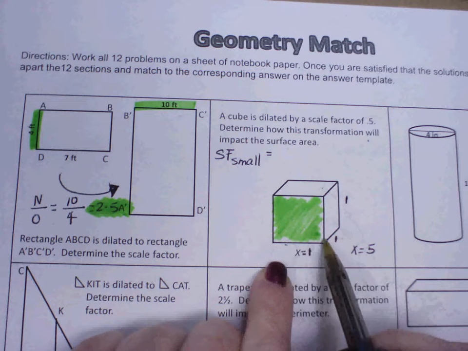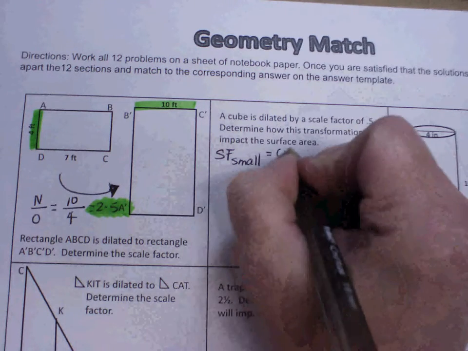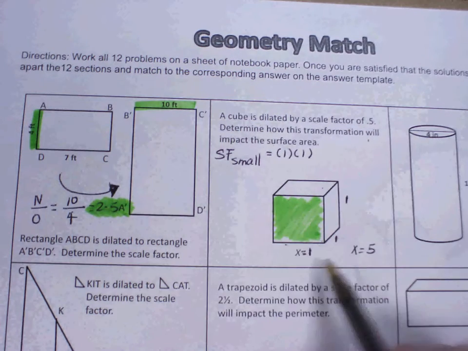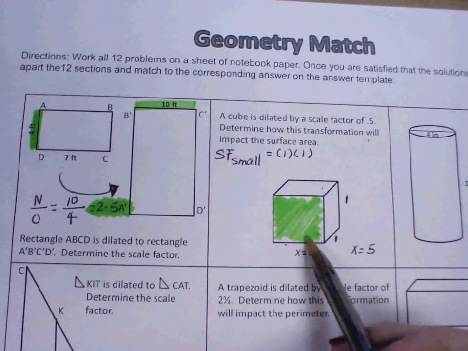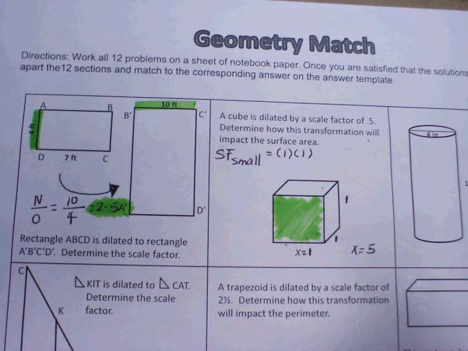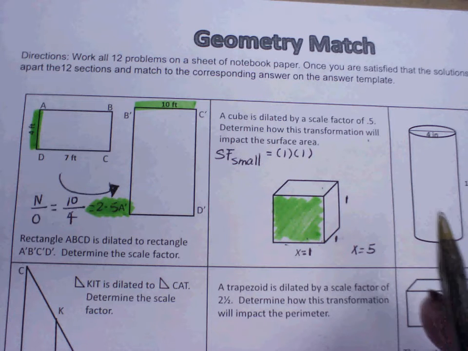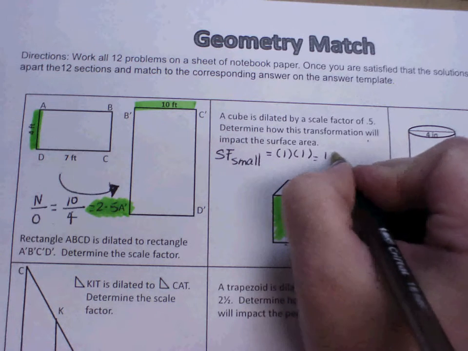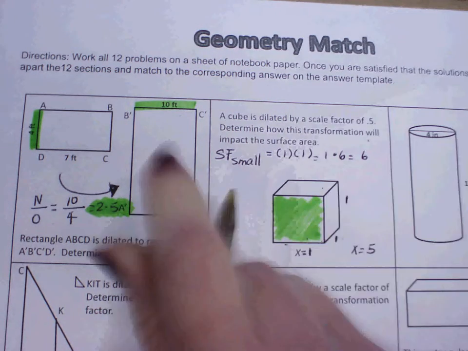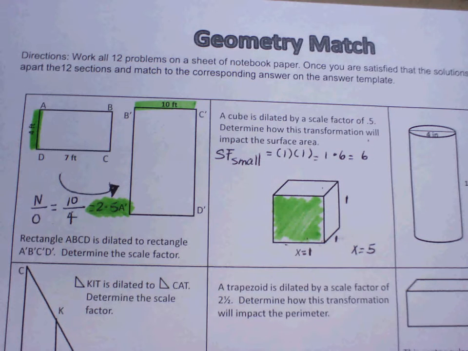What's the area of this face that I just colored? 1 times 1, which would be 1. But how many faces do you have? 5? 6. Think about a pair of dice. How many numbers does a die have? 1 through 6, right? So I'm going to have to multiply that by 6. And the surface area is 6.